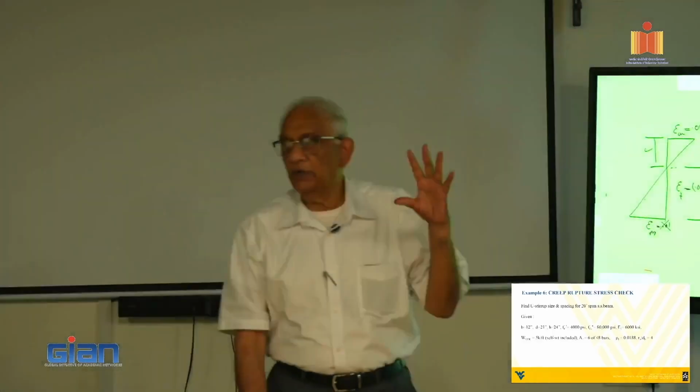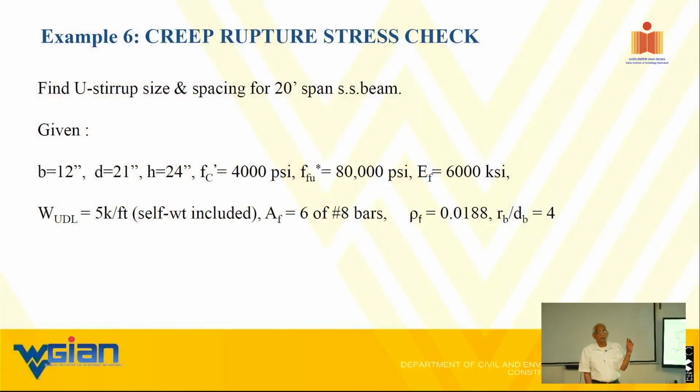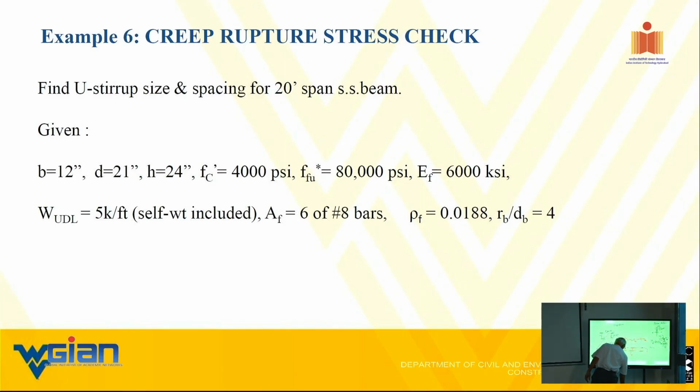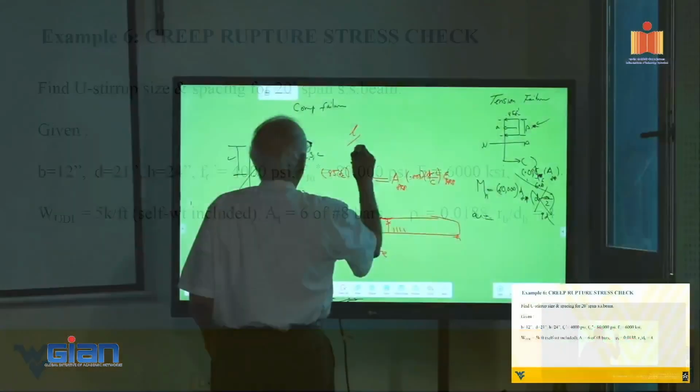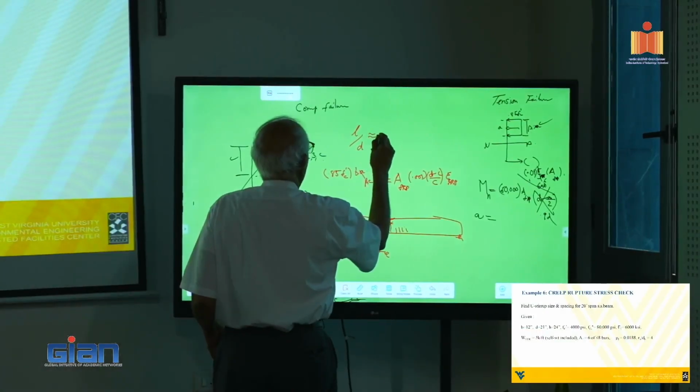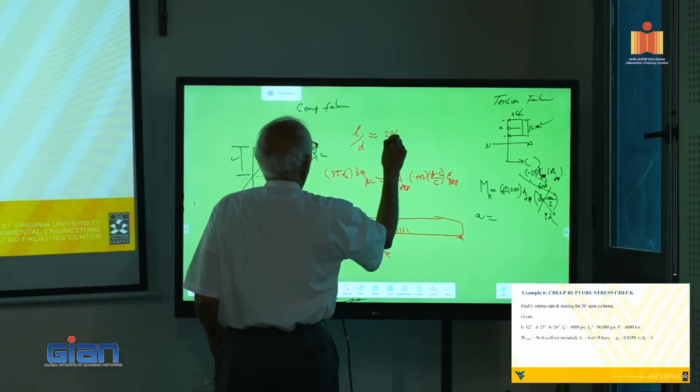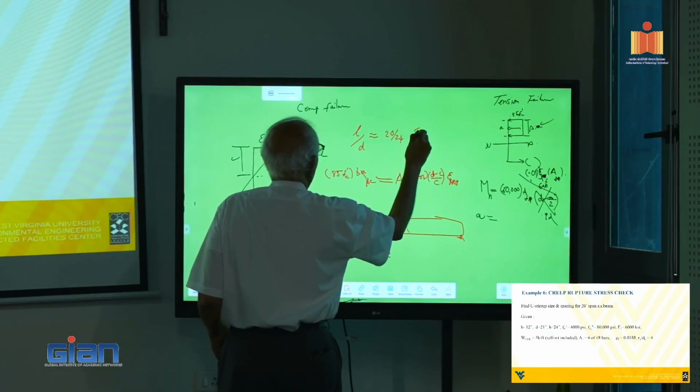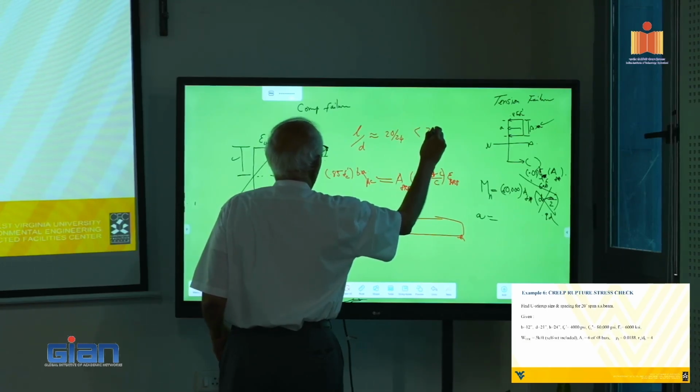The L/D value is say around 20, 24, definitely less than 36, 38.